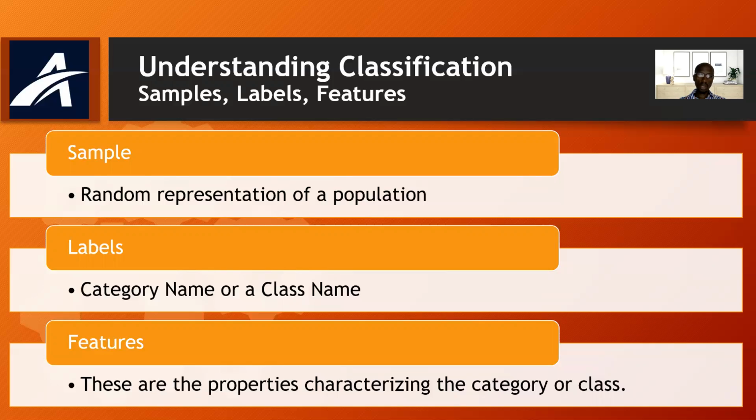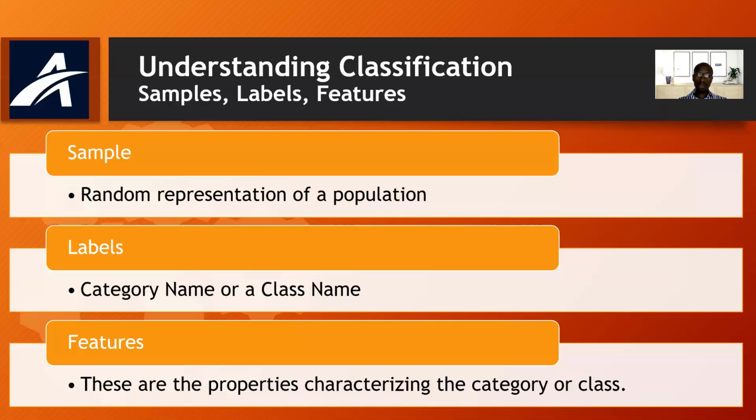Now the label, as I explained before, is the name. For instance, Setosa is the name. So that becomes the label, and it's the actual output that will be predicted. You give your machine learning algorithm or model a set of features, and then it would be able to predict whether it's Setosa or any other one of the 3 classes that the dataset has. Now the features are the unique characteristics that define the Setosa.